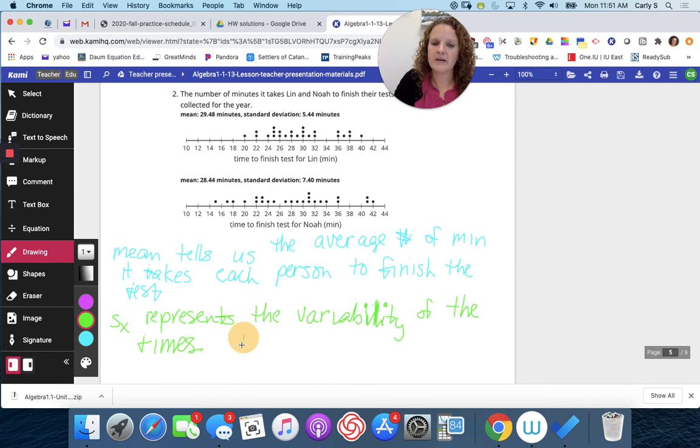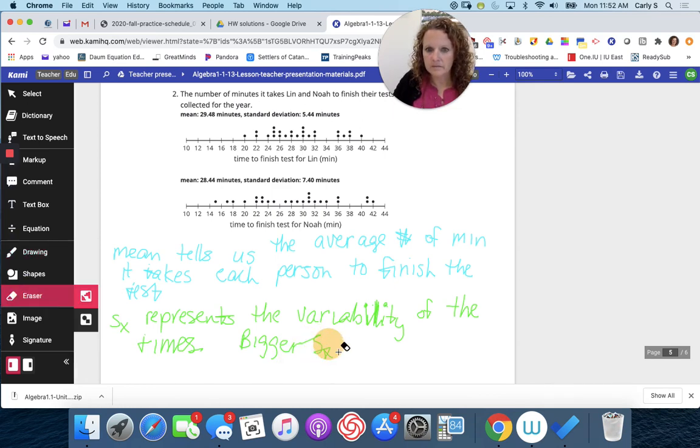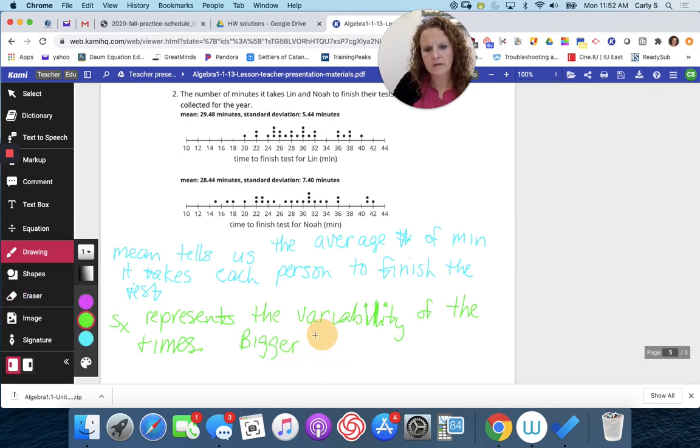A bigger standard deviation, sorry. I know if I write slower, it doesn't mess up as much.